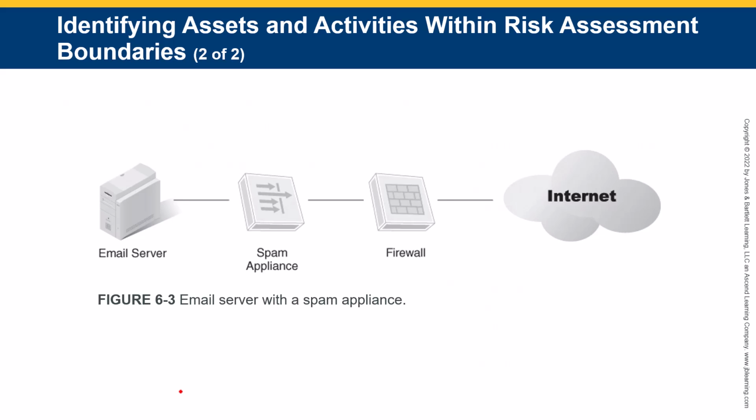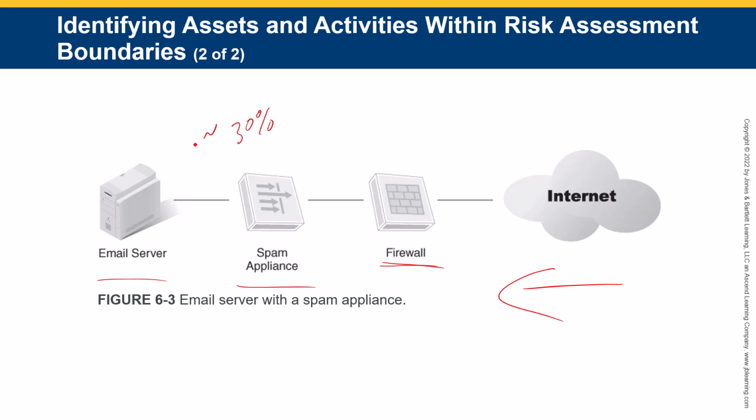So here we have other boundaries. So here we have data coming in, we have a firewall, appliance for spam, email server, and that's it. So the spam filter might filter out as much as 30-ish% of the spam.